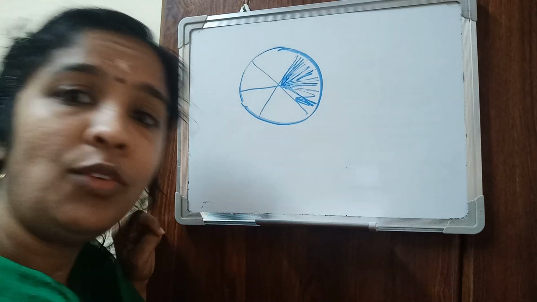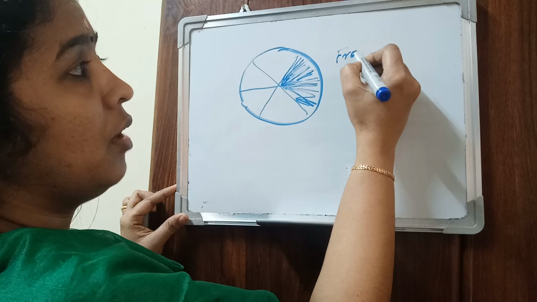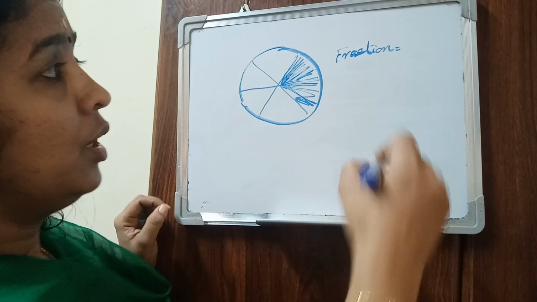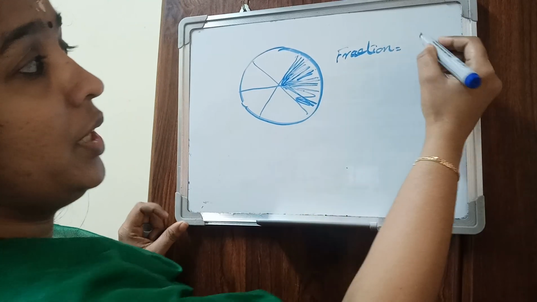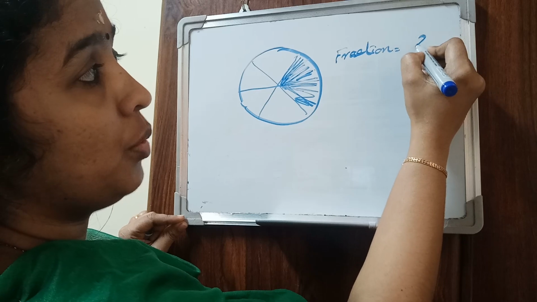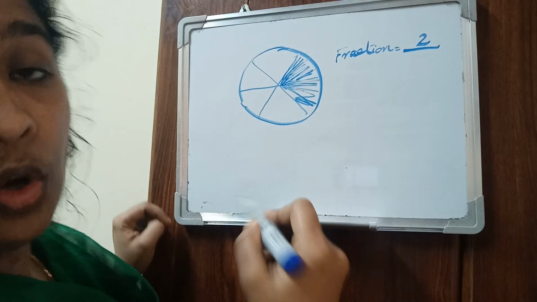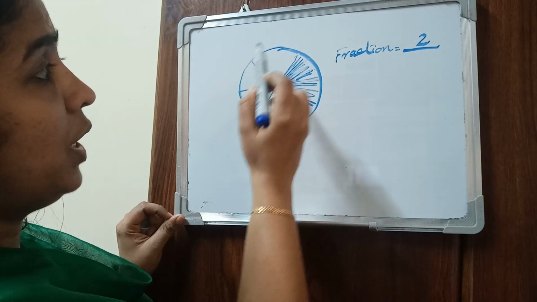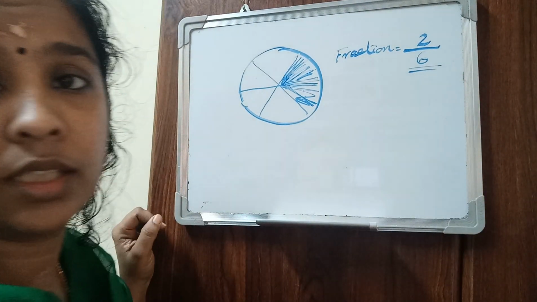What will be the fraction here? The numerator means the part of the shaded region. Only 2 parts we have shaded, so we are going to write 2. And how many whole parts are here? 1, 2, 3, 4, 5, 6. So we are going to write here 6.